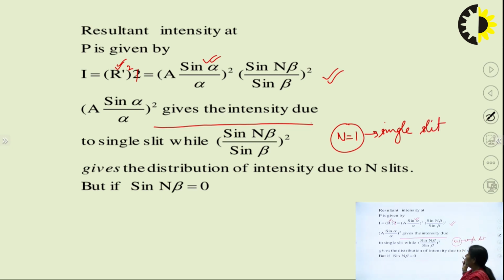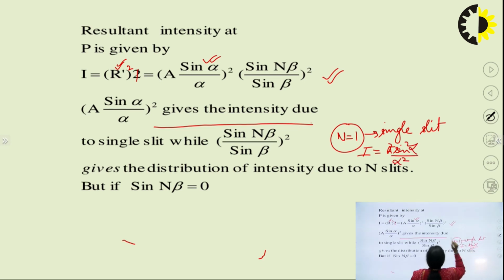From the expression, I is A square sine square alpha by alpha square, and then with N equal to 1 this becomes sine beta upon sine beta, and this cancels off. So I comes out to be A square sine square alpha by alpha square.